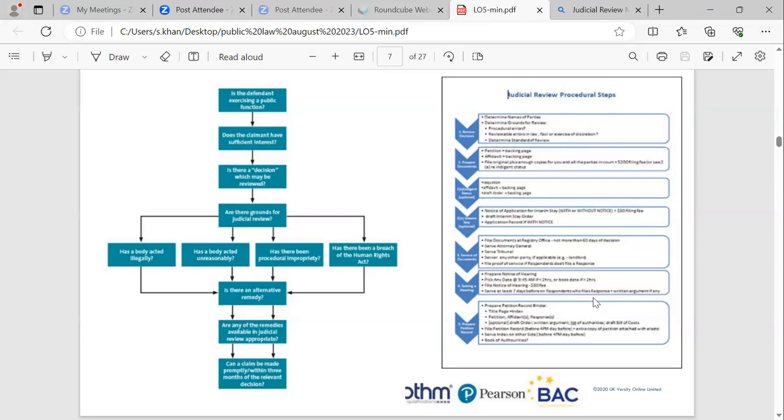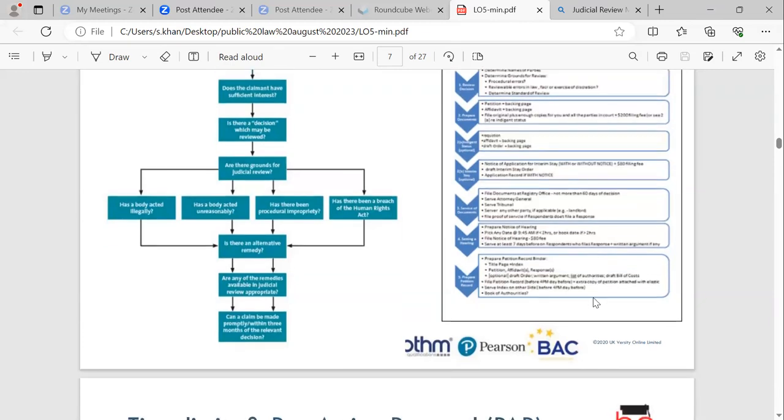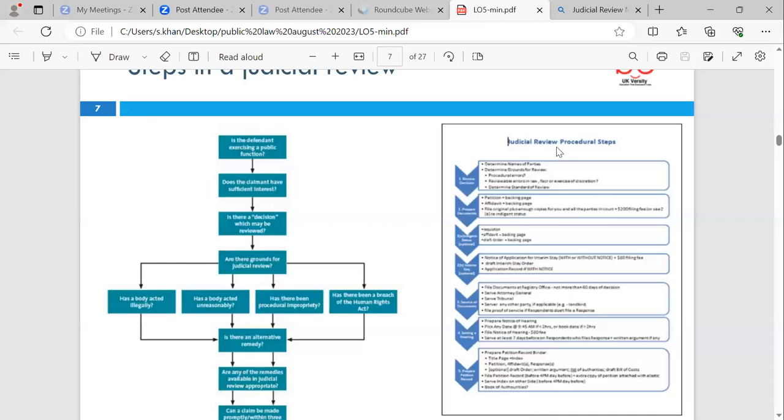Has there been procedural impropriety? And has there been a breach of the Human Rights Act? If that is yes, is there an alternative remedy? Are any of the remedies available in judicial review appropriate, and can a claim be made promptly, within 3 months of the relevant decision? On the other side, we've got a handout which looks at judicial review procedural steps.